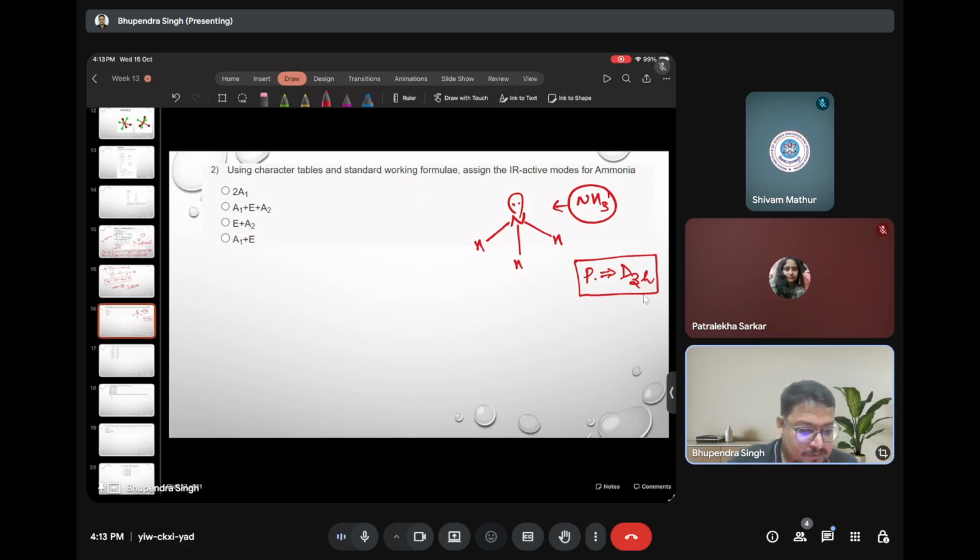How come the point group is D3H? And Shivam is saying C3V. So out of both of you, who is correct?